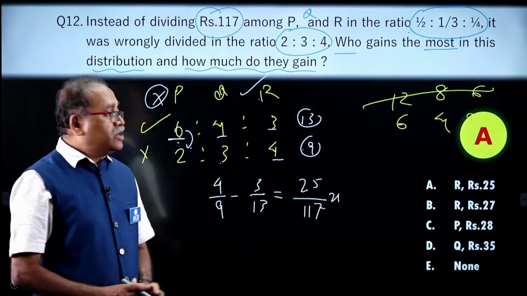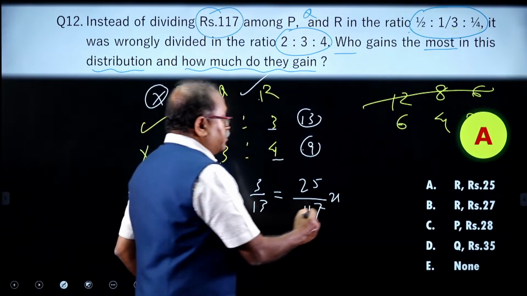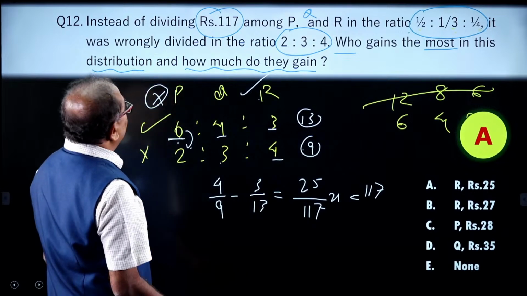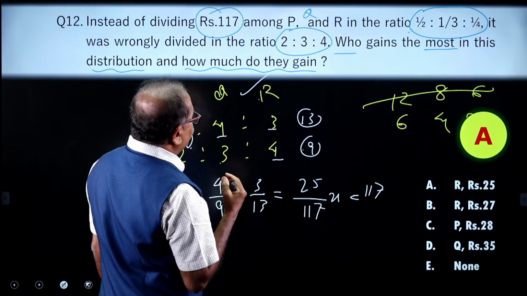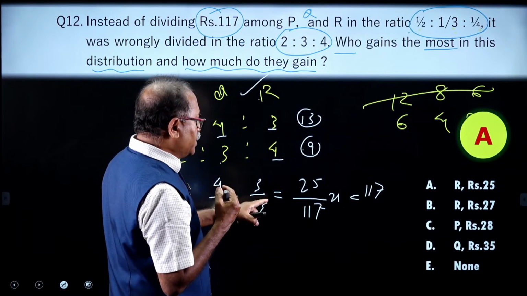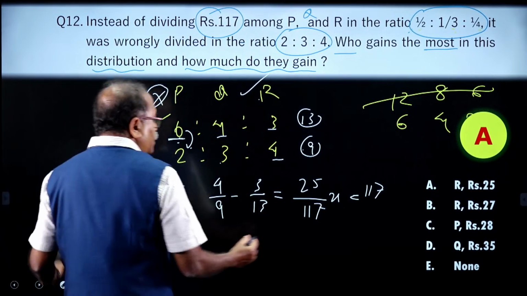That's the maximum benefit R is getting. What is the total money? 117. Am I right? Okay. So this is 25 by 117 of x. Acha, that is the gain.